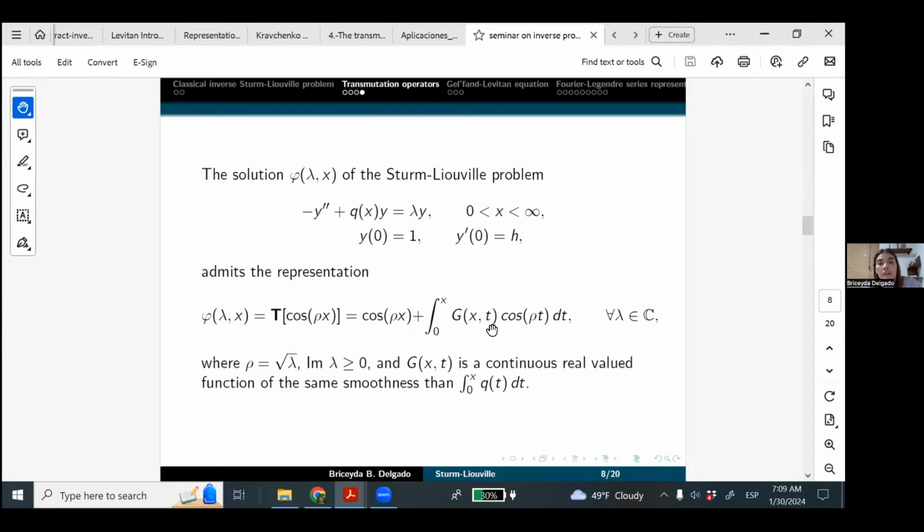So here we have the expression, the operator T applied to cosine. Again, everything here is known except for the transmutation kernel G. And what properties does G satisfy? For instance, G is a continuous real valued function, and it has the same smoothness as the integral of the potential Q.